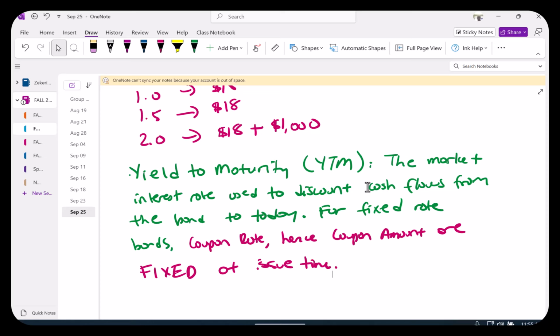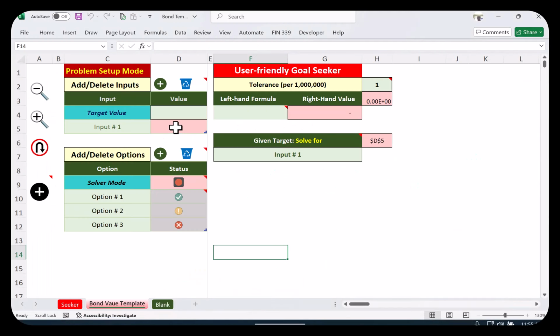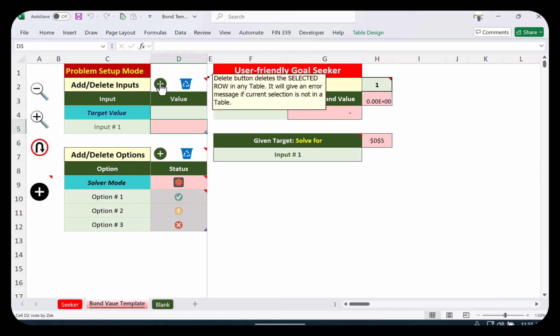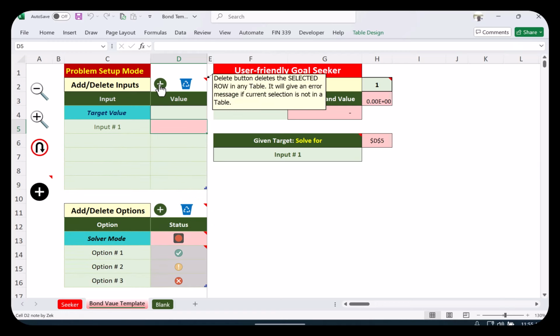So I have 5 inputs. This template comes with only 1 input, so I need to add 4 more. I can use this green plus button to do so. 1, 2, 3, 4. Okay. I'm going to tell you what that means, but that'll come.